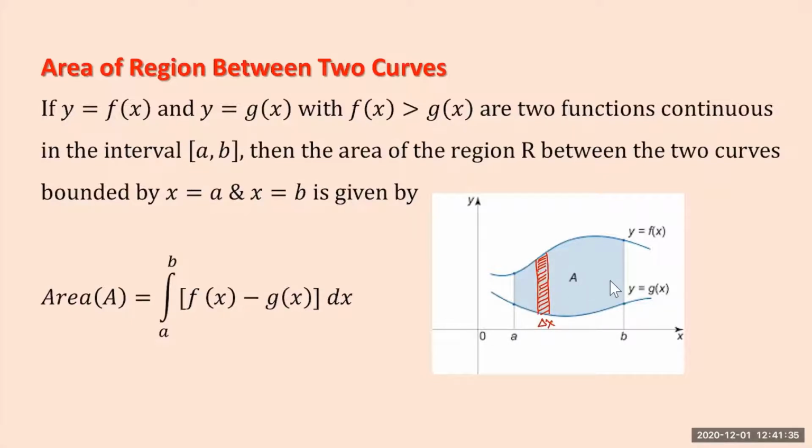Because it is always between these two functions, it's a single area, and it is the integration from x equal to a to x equal to b. And because it is vertical, as we slide from left to right, it is parallel to the x-axis. So that is integration with respect to x.